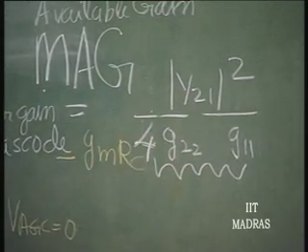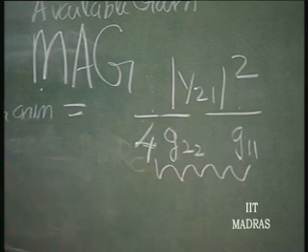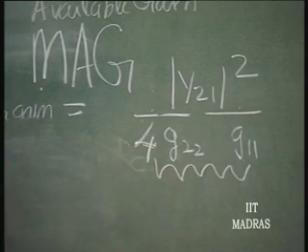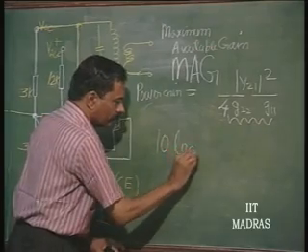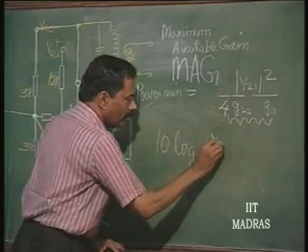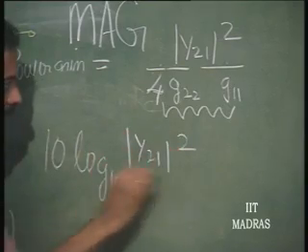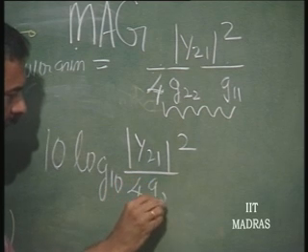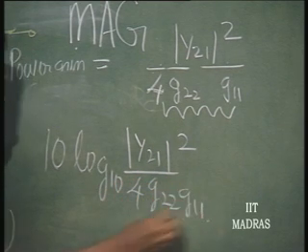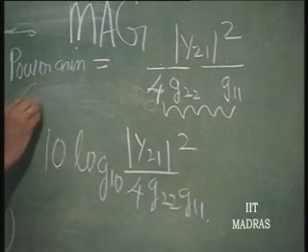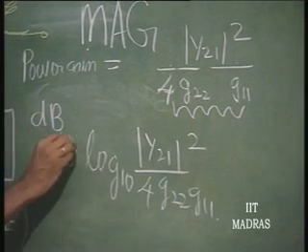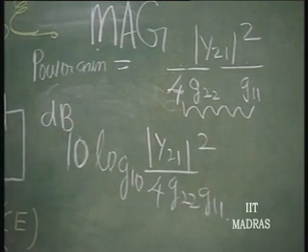This is normally expressed as 10 log Y21 squared by 4 G22 G11. Right. Power gain being power gain, it is in terms of decibels.